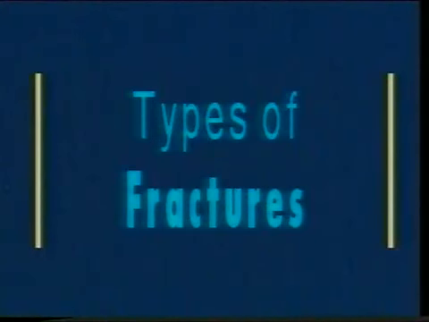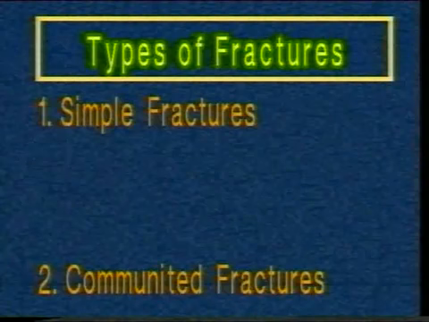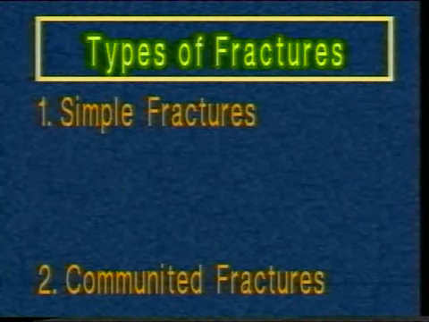Fractures. Fracture is a break in the continuity of a bone and usually follows a trauma. A fracture may be simple or comminuted. In simple fracture, the bone is broken into two pieces, while in comminuted fracture, the bone is broken in many pieces.